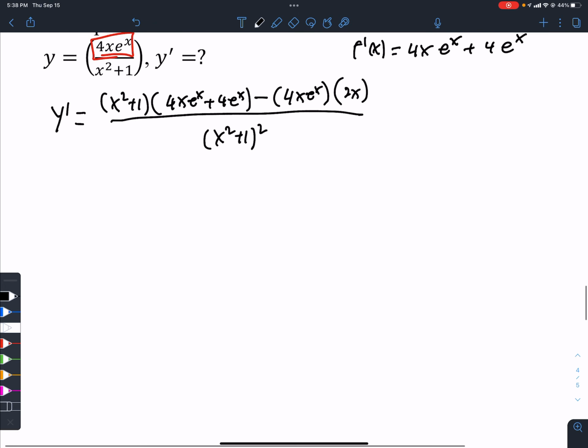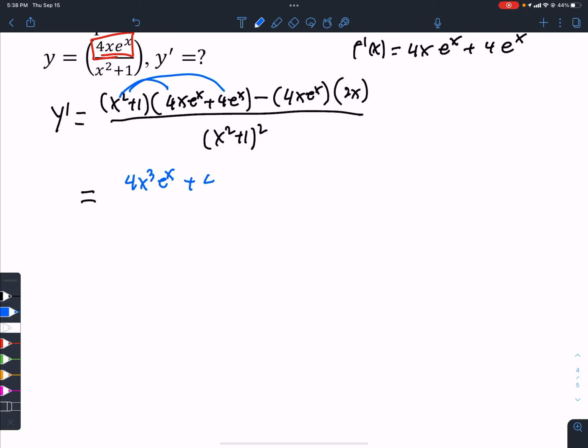Now it's time to simplify. I'm distributing the x squared, giving me 4x cubed e to the x plus 4x squared e to the x. So the only difference is x squared and x give me x cubed.